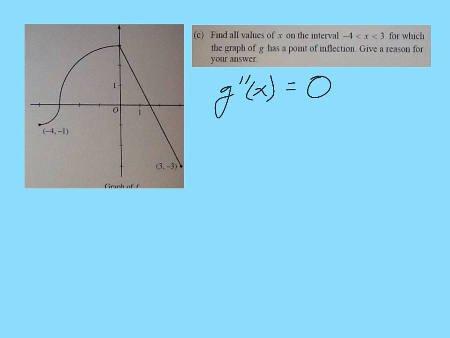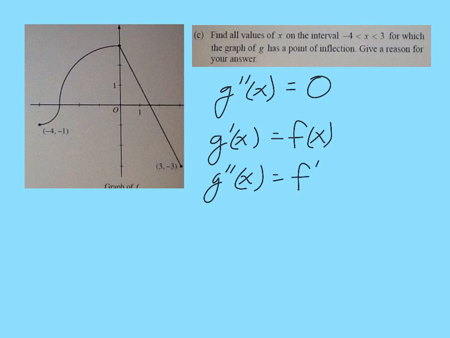Well, if the derivative of g is f, then the second derivative of g would be f prime. We want f prime of x, and we want to know when is that equal to 0.